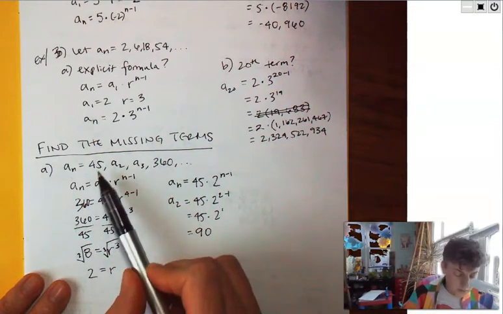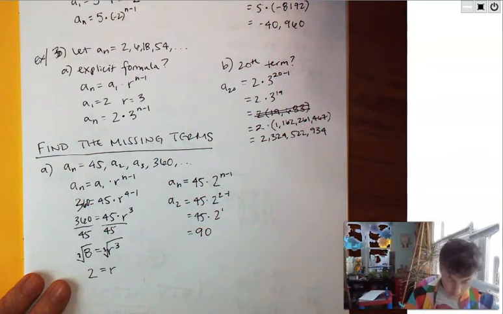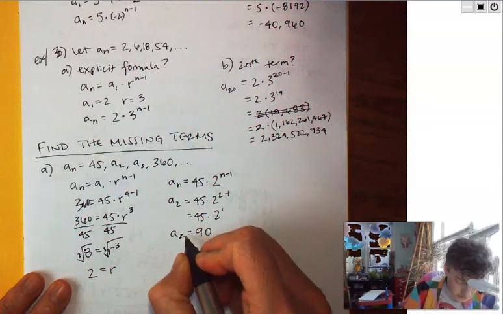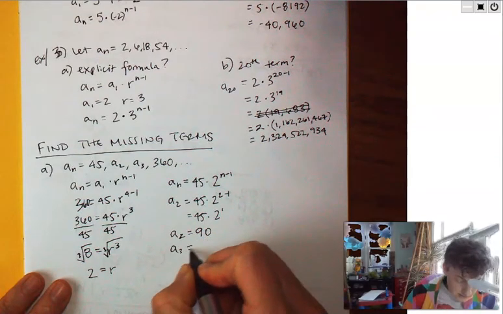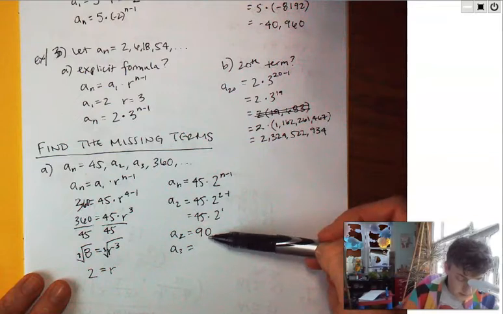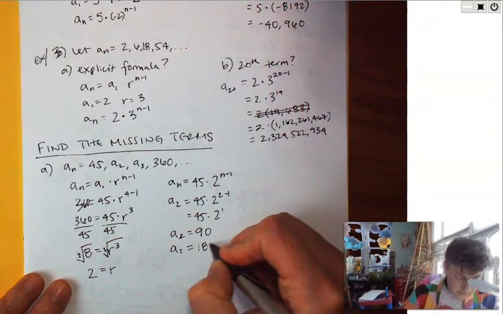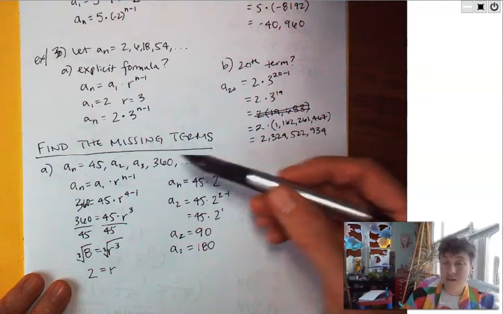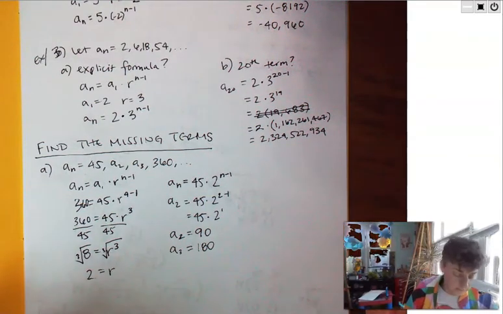That means we're multiplying this guy by 2. 45 times 2 is 90. Well, let's just use that fact and quickly get a3, which will be this guy times 2, which is 180. Which makes sense because this guy times 2 is a whole circle, 360.